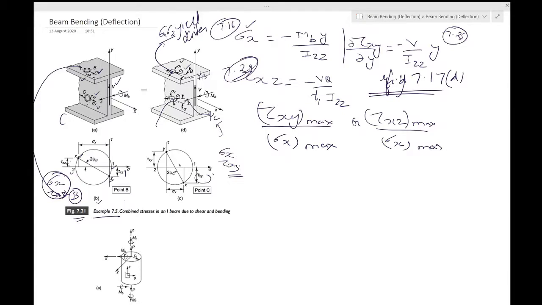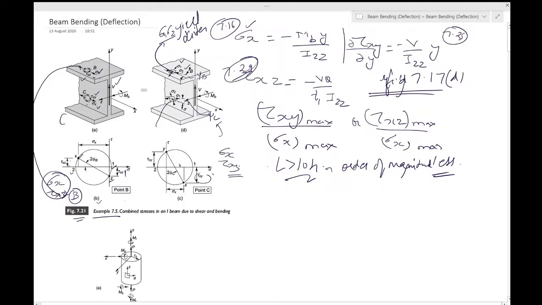We have seen for a long slender beam, if L was greater than at least 10 times H, the maximum shear stress was an order of magnitude less.